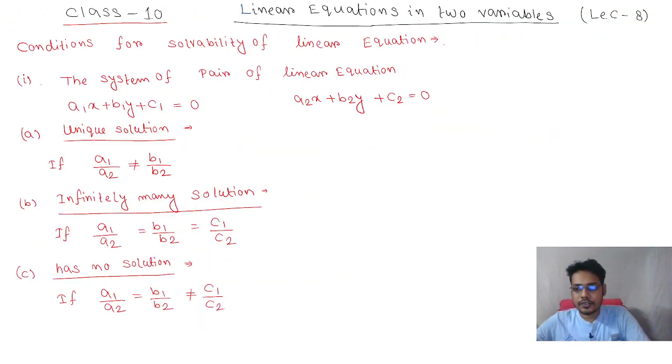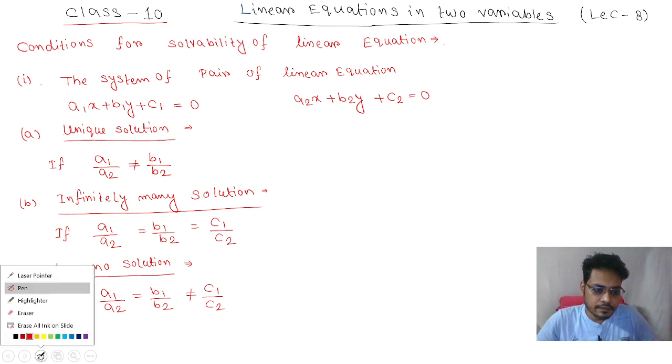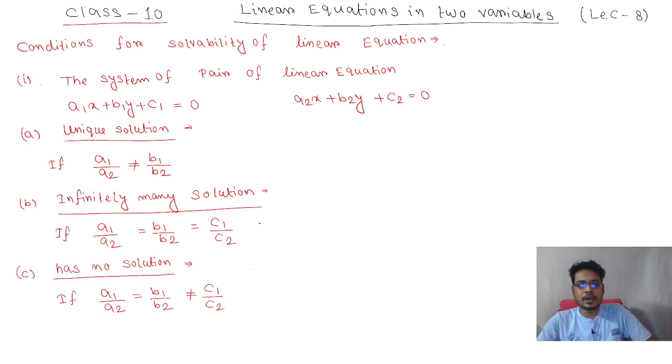So in today's class, we learned very important things. If a pair of linear equations is given, the first condition is for a unique solution. If the equations are in the form a1x plus b1y plus c1 is 0 and a2x plus b2y plus c2 is equal to 0, then it has a unique solution if a1 by a2 is not equal to b1 by b2.